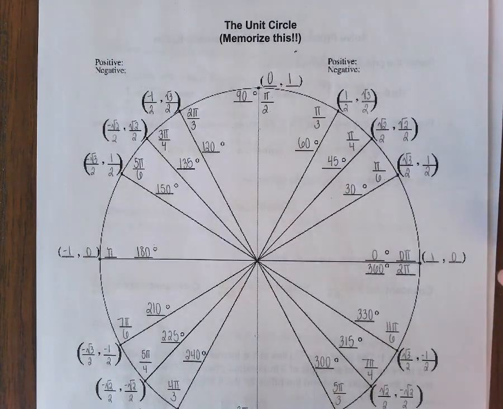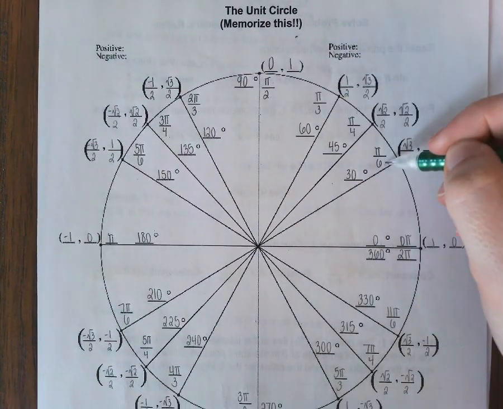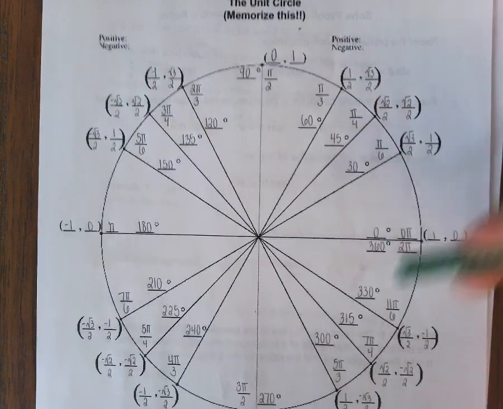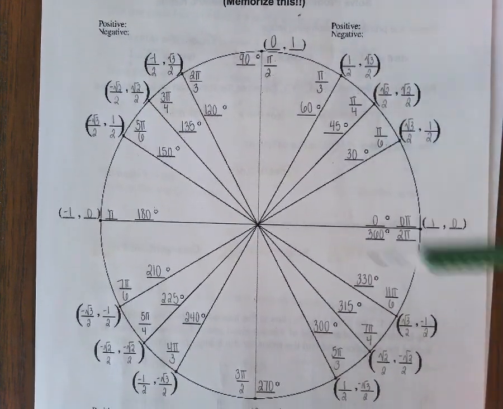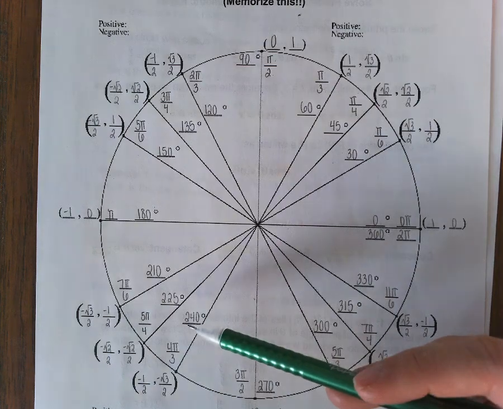So you don't have to worry about just memorizing. As long as you remember that you've got 6, 4, and 3, you can then work around the circle and just reduce your fractions instead of trying to individually memorize each value.